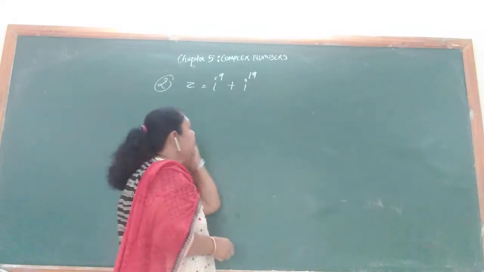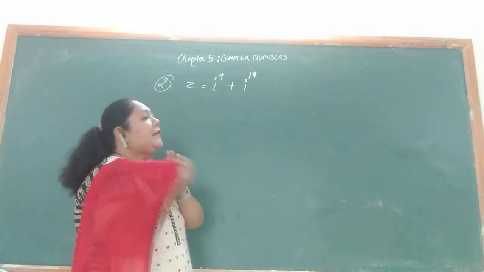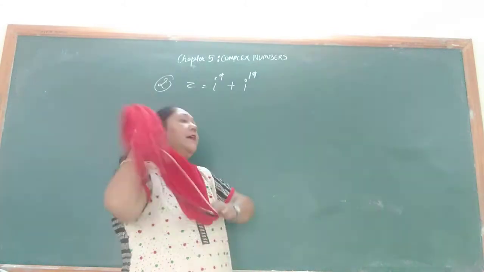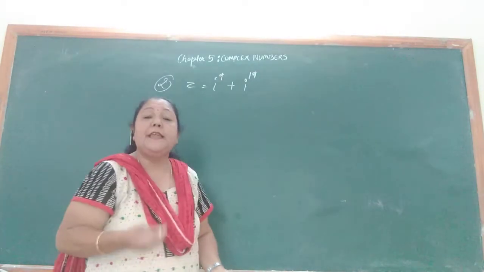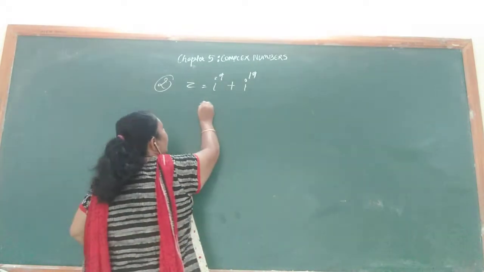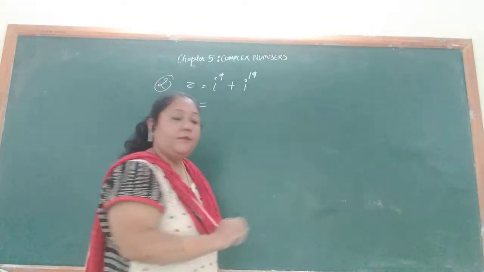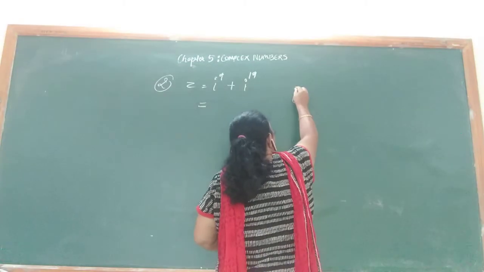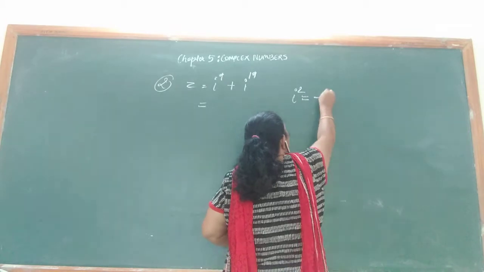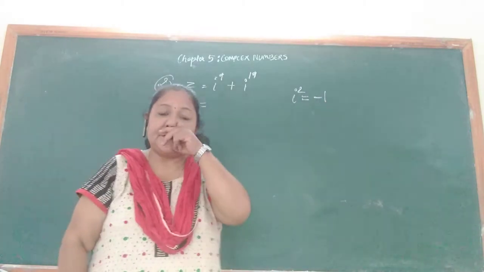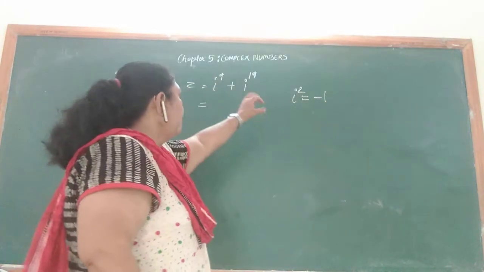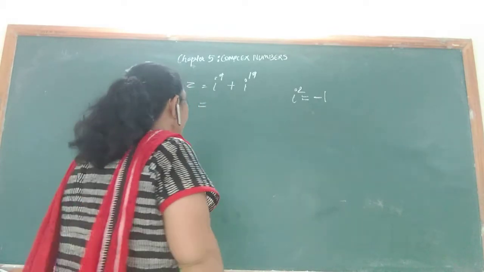My second question is z is equal to i raised to 9 plus i raised to 19. I know one thing, that i square is equal to minus 1. I know this value, so I will try to put this value in the question.